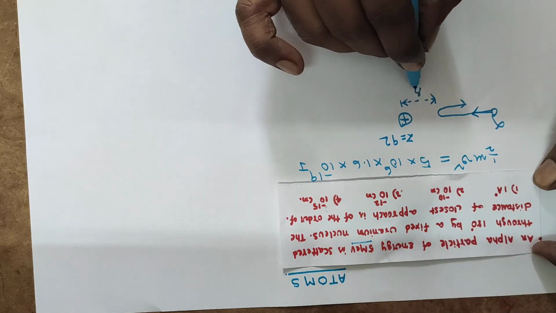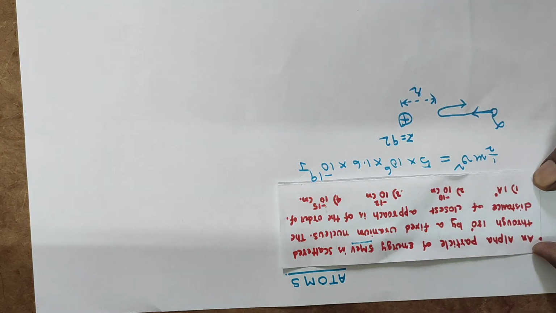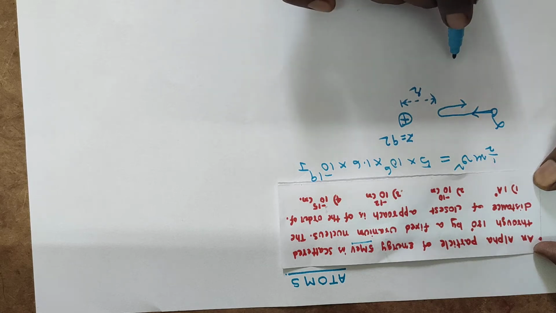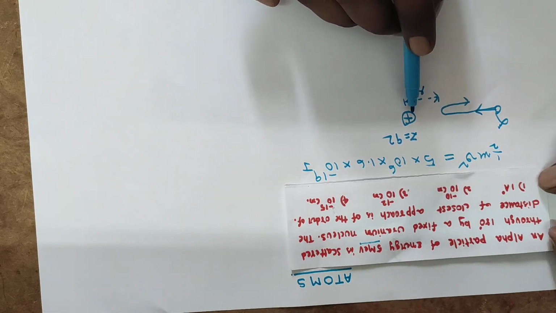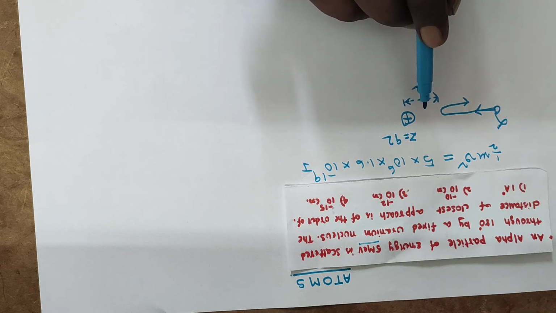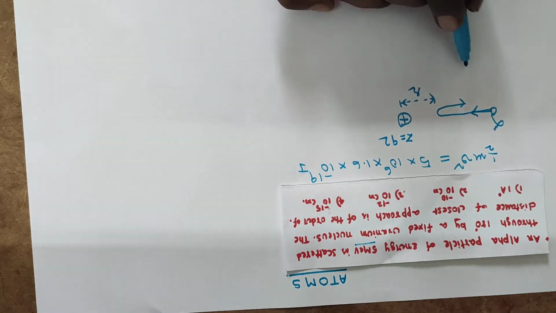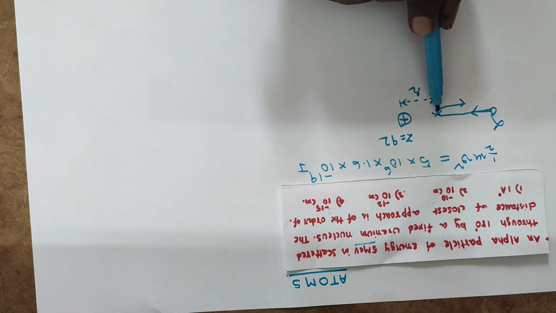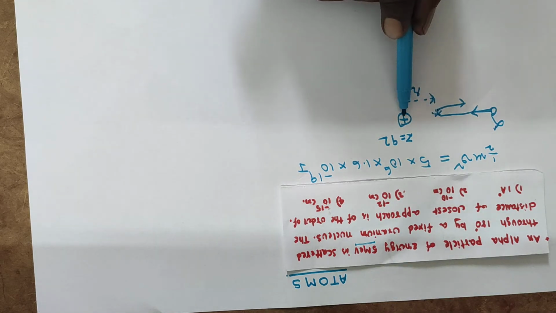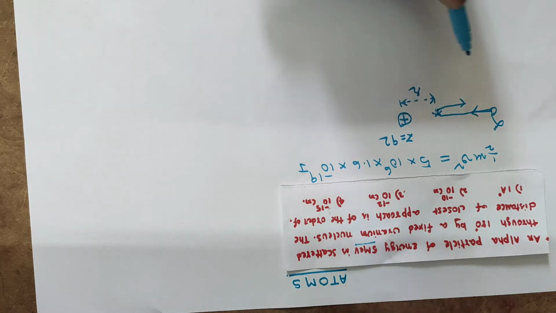See here, r is the closest distance of approach. So when the particle approaches the nucleus, at this position the kinetic energy of the alpha particle is equal to the potential energy between the nucleus and the alpha particle.